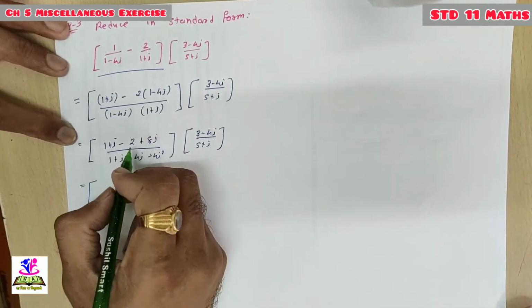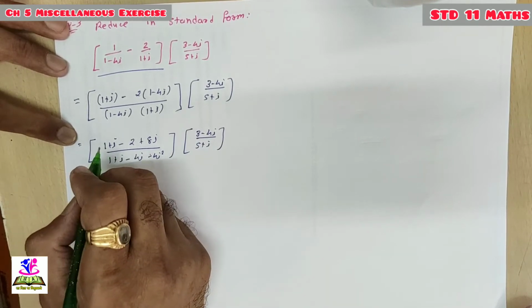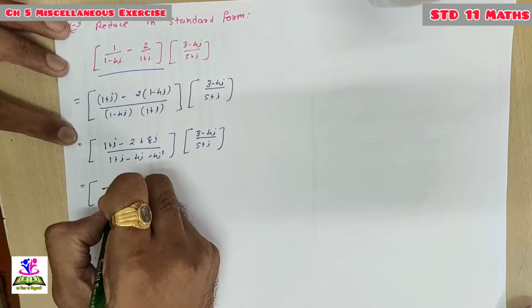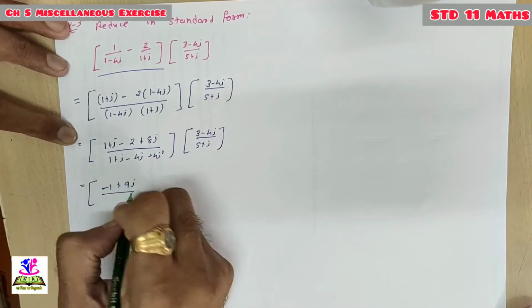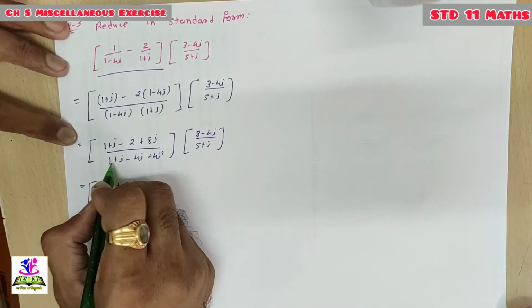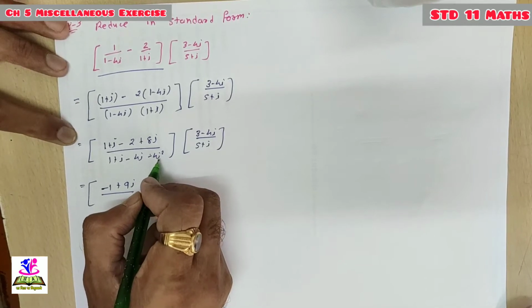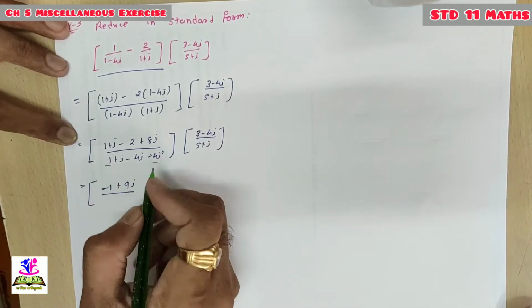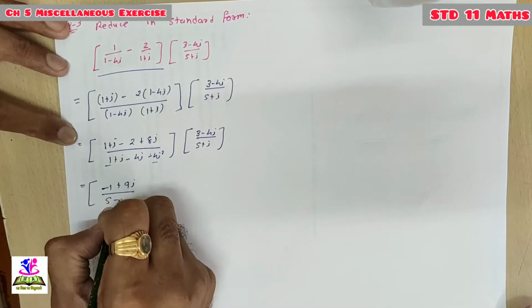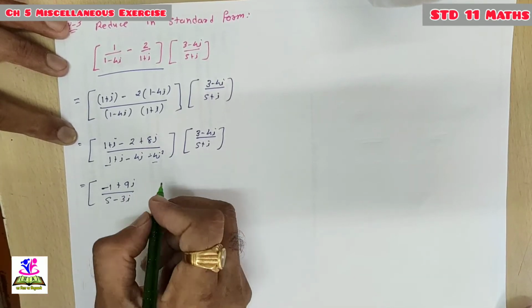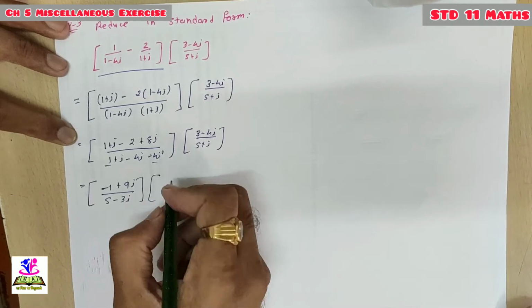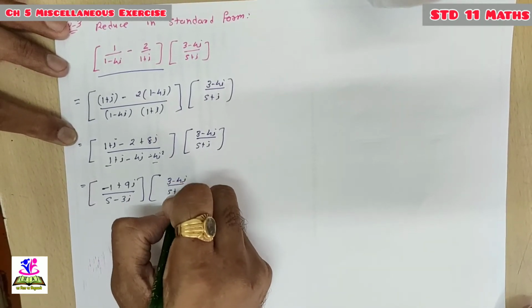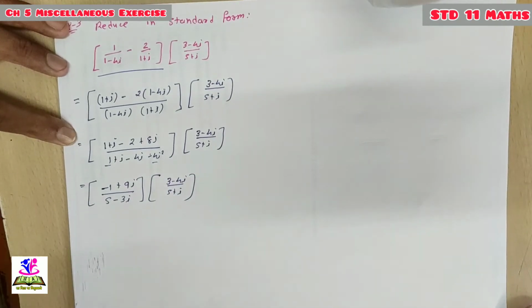So this is equal to 1 minus 2, which is minus 1, plus 8i plus i, 9i, upon minus 4i square. So i square is minus 1, so it's plus 4. Plus 4 plus 1, so it's 5 minus 3i, into (3 minus 4i) upon (5 plus i). Okay?